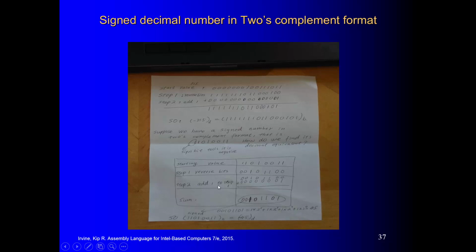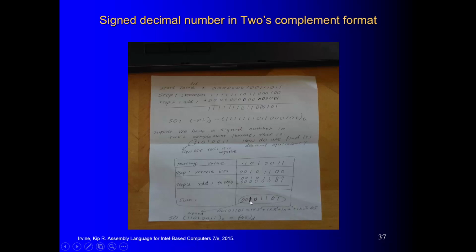Step 2, add 1 to step 1. So I copy this value down here, then add 1 to it. Then add each 2 pairs. So this is my final value. How much is this? Let me see.